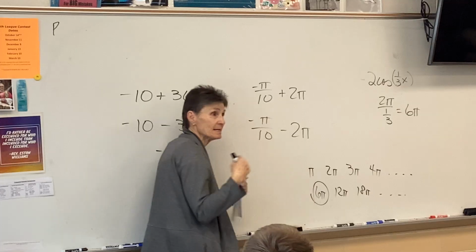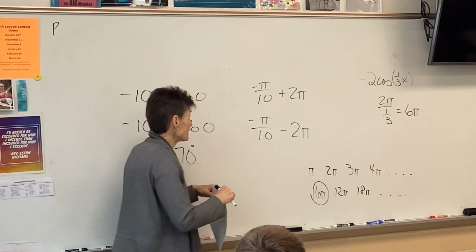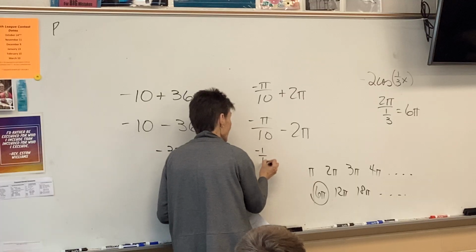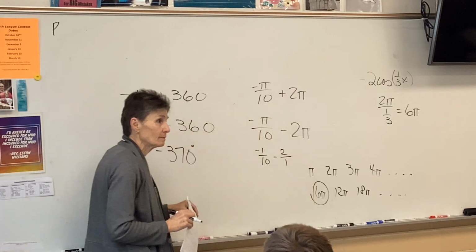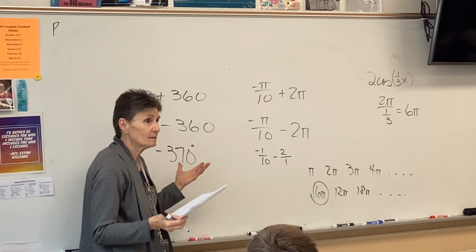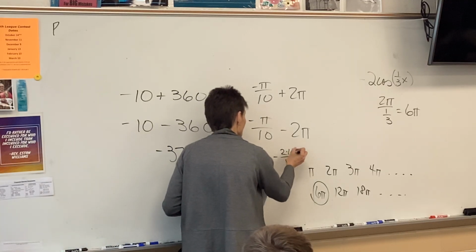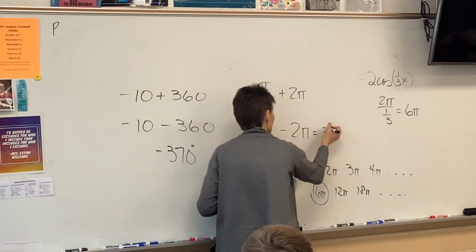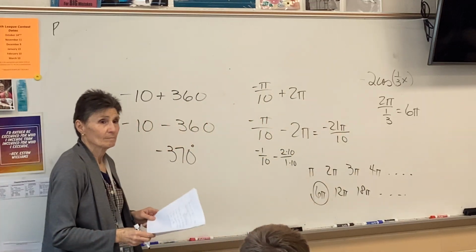If it said I need a negative one, I would do this, right? This is like taking negative 1/10 and subtracting 2 over 1. What do you have to do? Get a common denominator. So the answer would be negative 21 pi over 10.